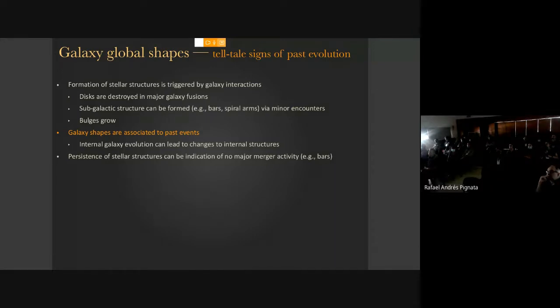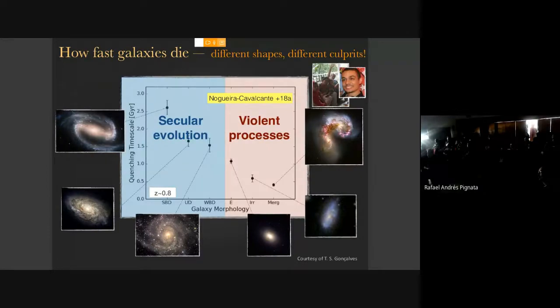And the persistence of some structures like bars tells you that if you have a galaxy with a very strong bar, it has not undergone any very grave merging action, but instead has just grown slowly to what it is.